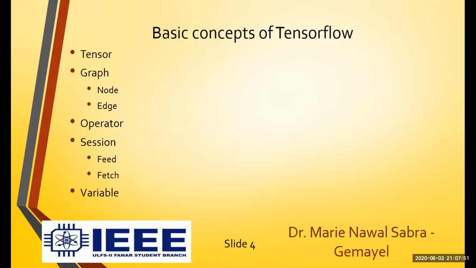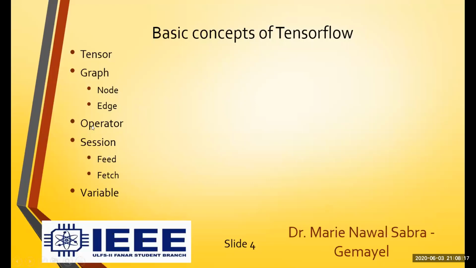In TensorFlow, we are going to hear some keywords. We're going to hear about the tensor. So the tensor actually is the data in the form of a tensor. We're going to hear about the graphs, nodes, and edges, because the data flows inside the TensorFlow nodes, and the edges are the links between them.